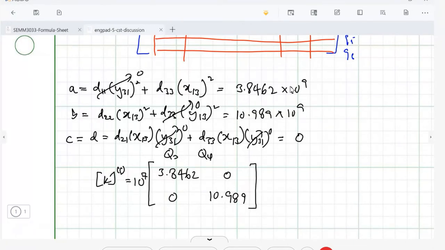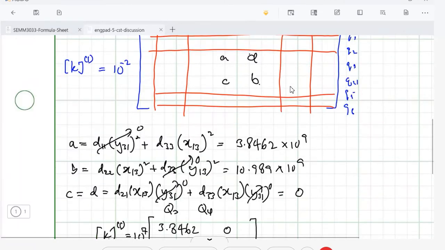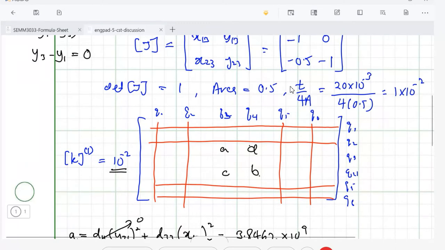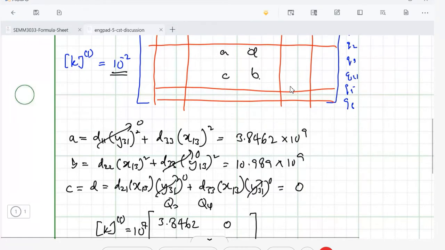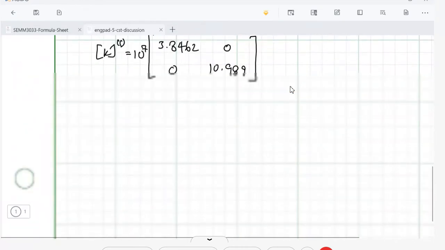Okay, why is it 10 to the power of 7? This is 10 to the power of 9. Note that it is because of the t over 4a in front of the formula. So now we are done with element number 1.